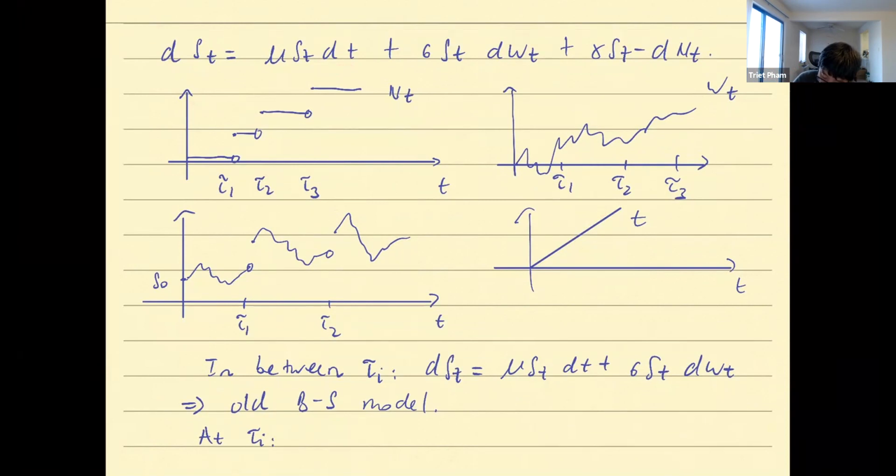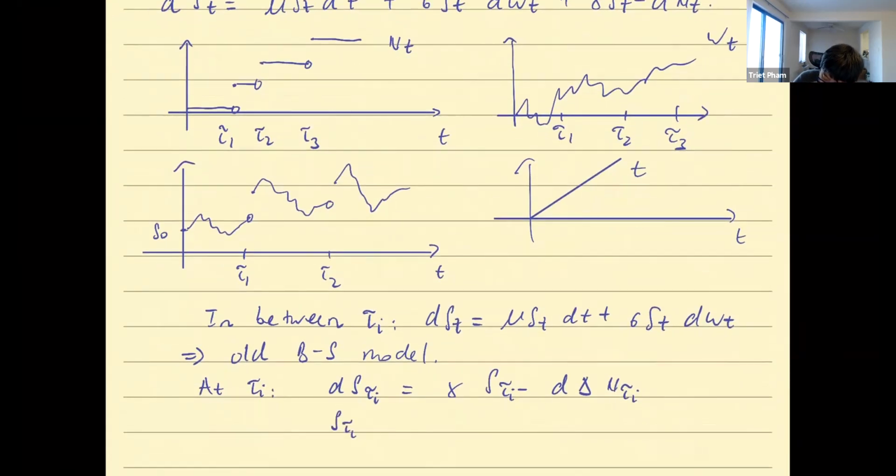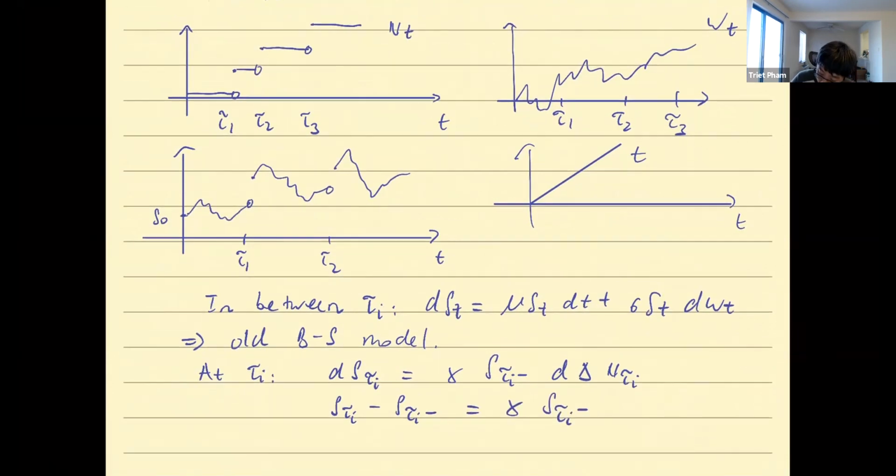But of course, at tau i, it still picks up a change. That change comes from the Poisson. So at tau i, it still picks up a change, and the change will make it jump by this much.